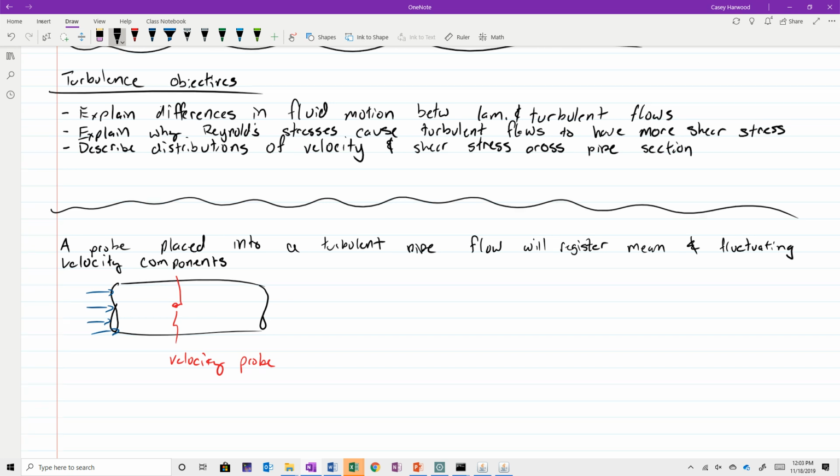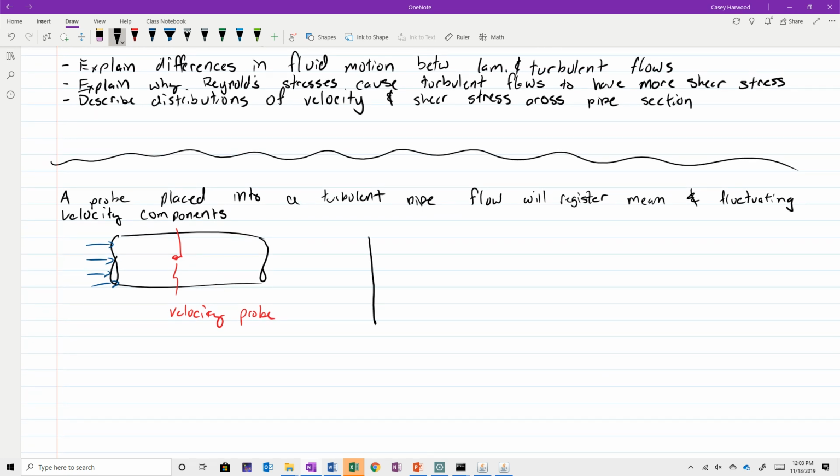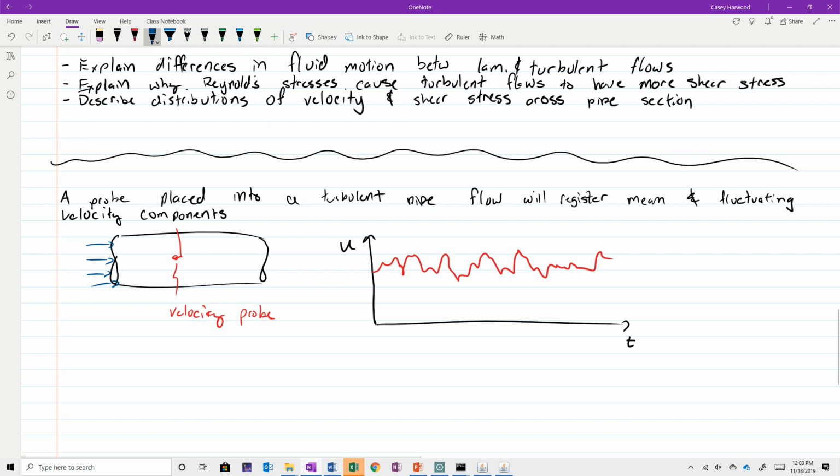What I mean by that is, let's take a look at, as a function of time, what the u component, the x component of velocity, would look like here. It would look something like this, right? We choose to say that this has an underlying average direction. If we asked whether the flow is going to the left or to the right, I would say it's going in a positive x direction.